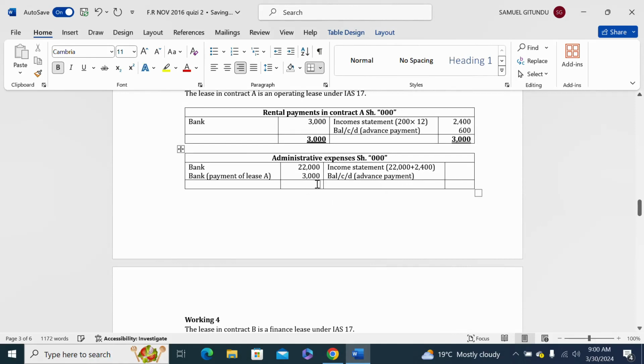So we balance this account, 25 million. This one is 22, 2,400, and the balancing figure here, that is the advance payment or the deposit, is the 600,000.